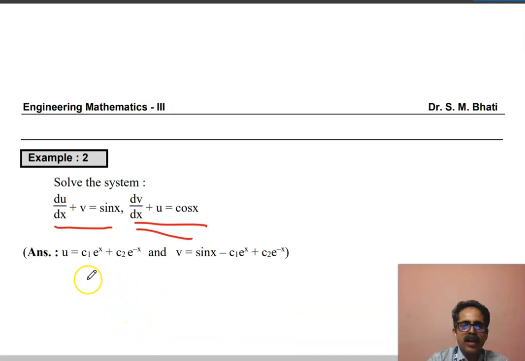Look here, the answer will have this form. This will be the value of u, this will be the value of v. Here there may be a change, because whether you eliminate u first or v first depends. But don't bother about C1 and C2. C1 and C2 are arbitrary constants. So in this way the solution will be the value of u in terms of x and the value of v in terms of x.